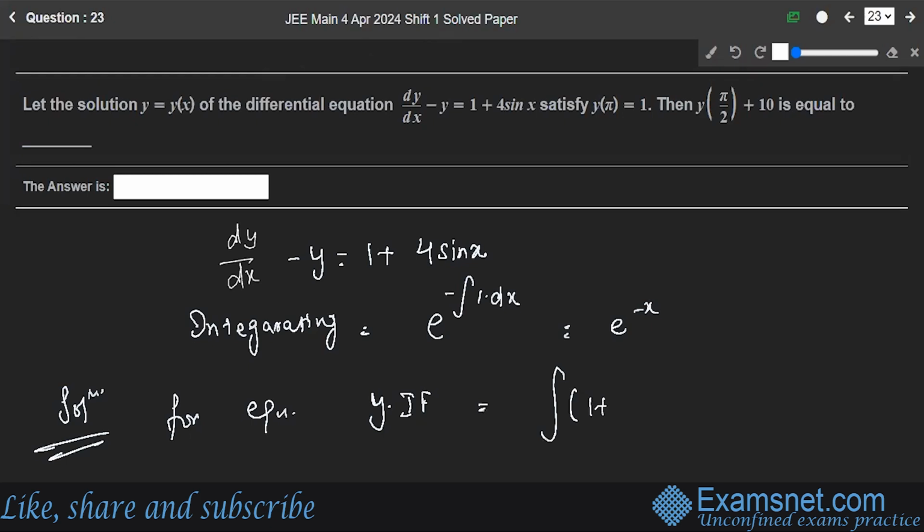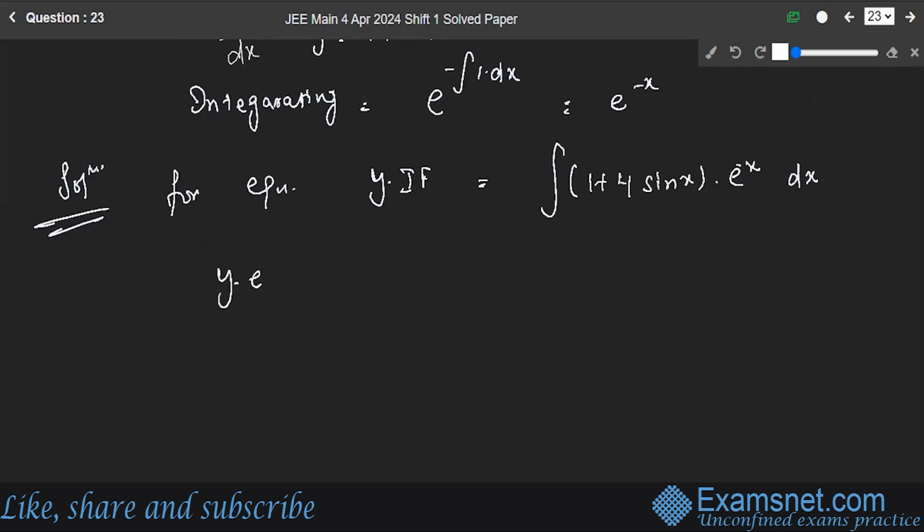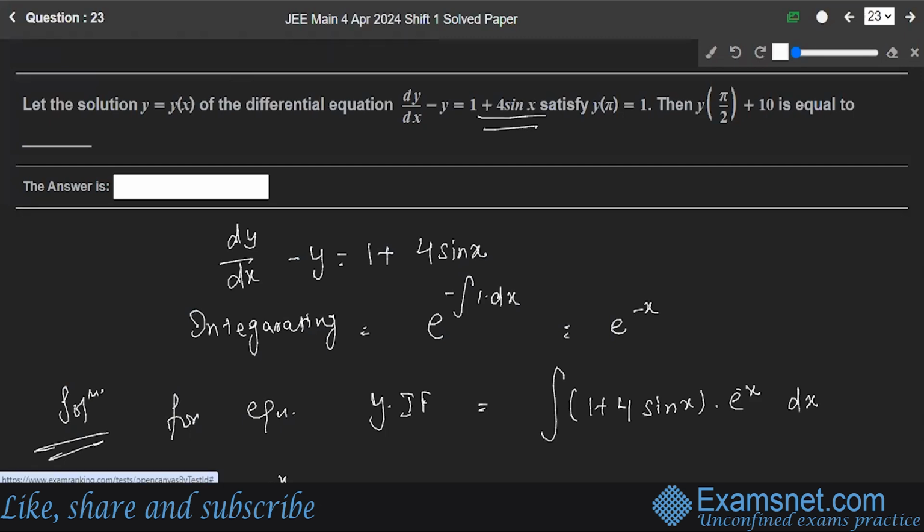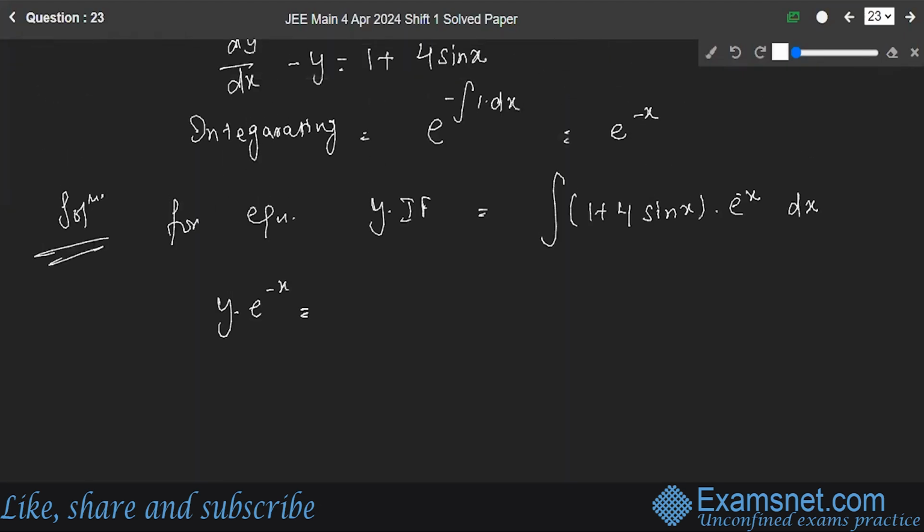is equal to 1 plus this Q(x) into the integrating factor dx. Or you will have y into e raised to power minus x is equal to, this will be e raised to power minus x, integral, let's write it more clearly, dx plus 4 sine x dx.